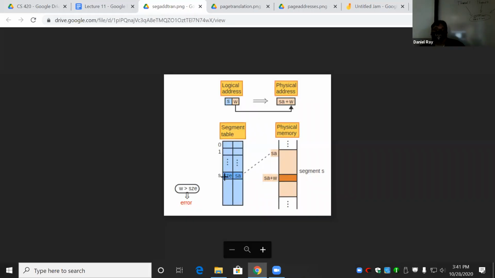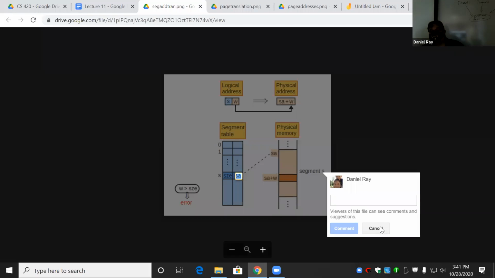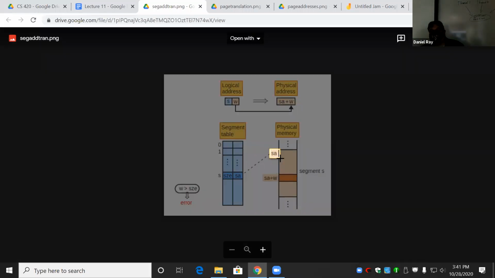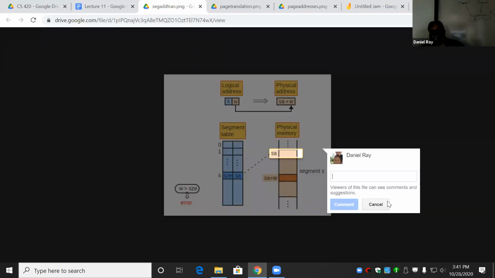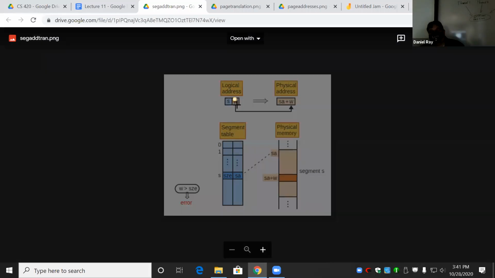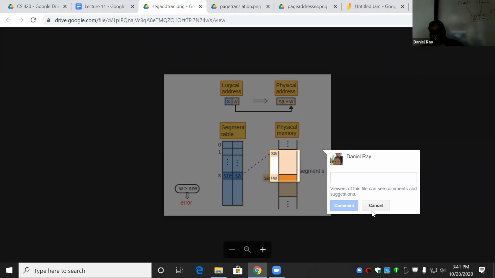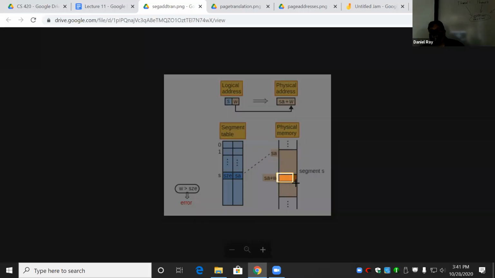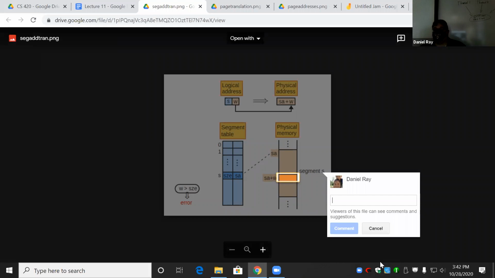If the offset that you're looking for in the segment is not bigger than the size, then we look up the segment address, and that ties us to an address in physical memory. The offset tells us how far down from the start of the segment we want to go to find the place in physical memory that you are looking for.